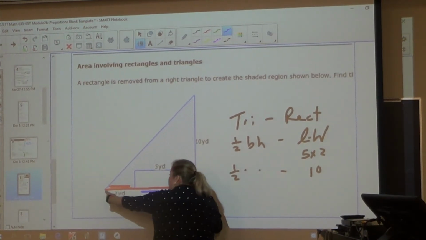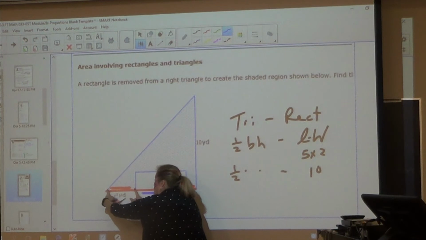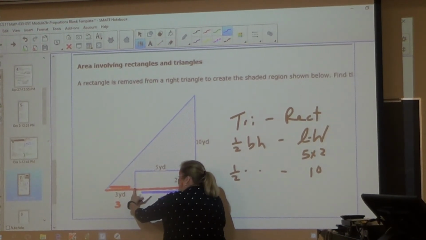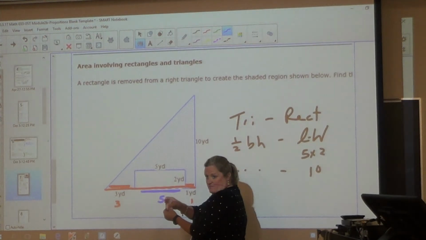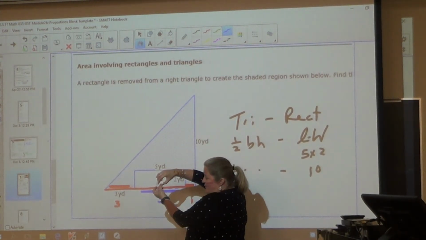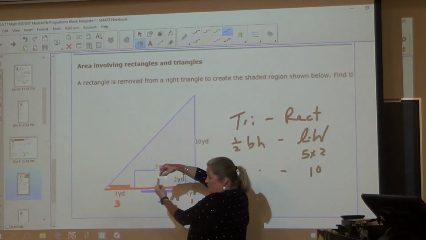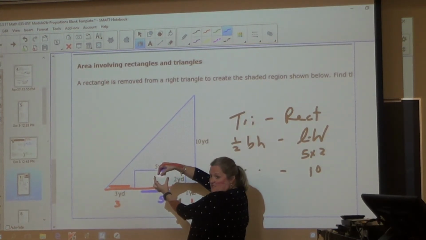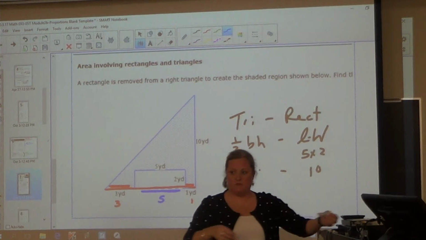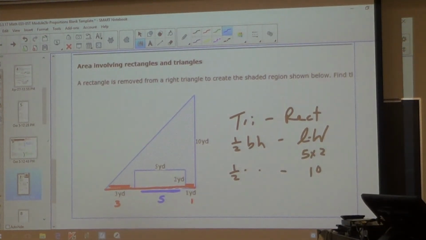So if I'm going from here to here, I have 3, 5 from the piece I took out and the 1. Because that technically is my whole base. You with me? So if I add those up, my base is going to be 9.